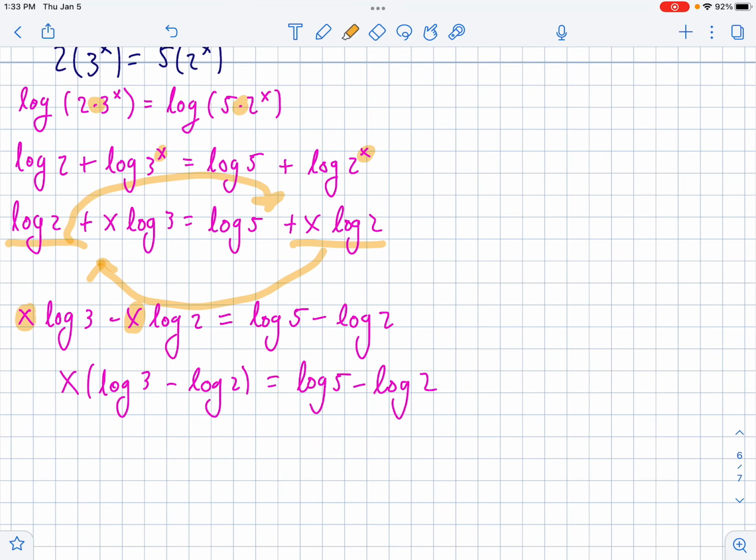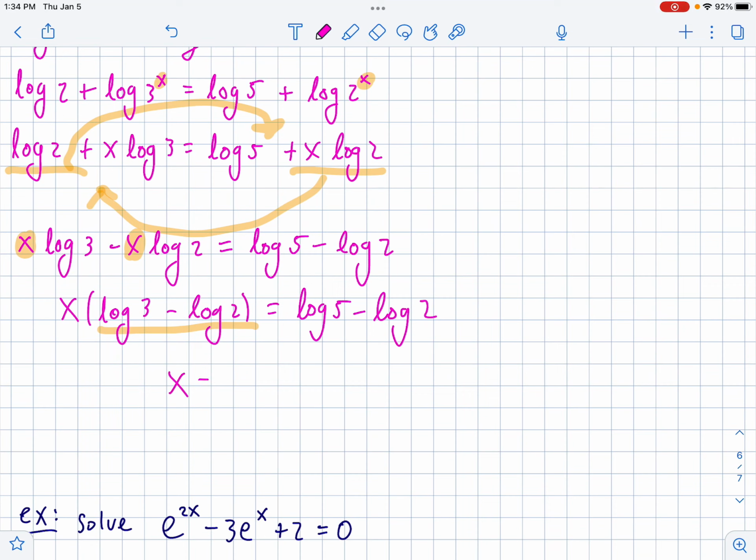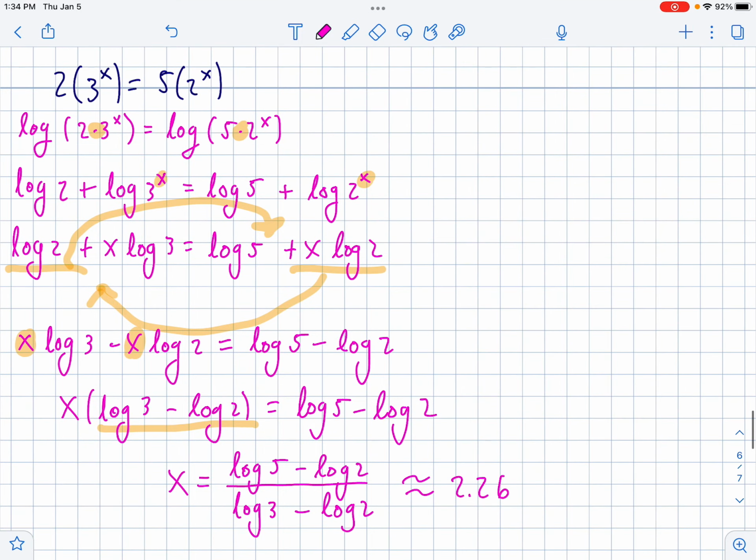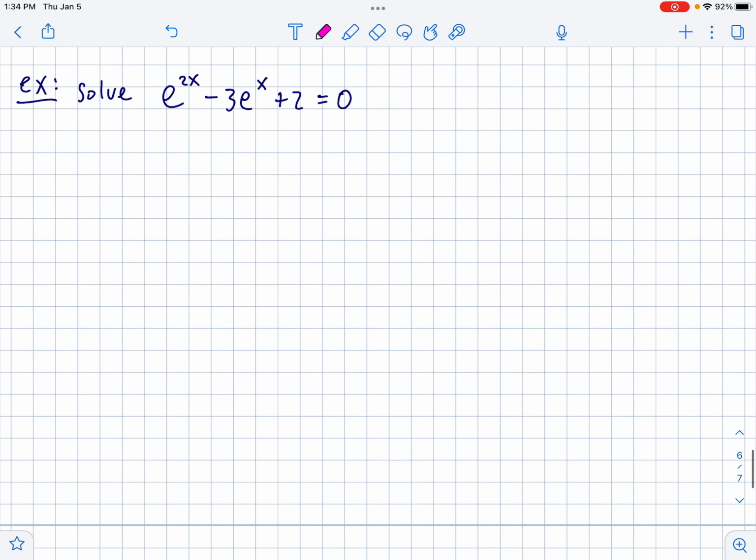And then you can divide both sides by this whole parentheses here and get log 5 minus log 2 all over log 3 minus log 2. So that would be your exact answer, and then the decimal approximation would be 2.26. So there's the whole problem.